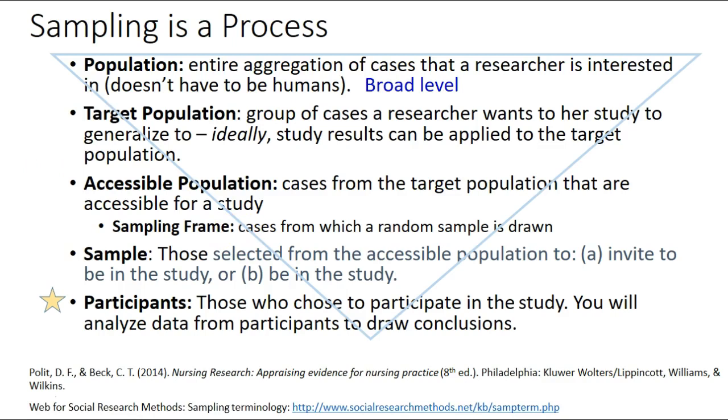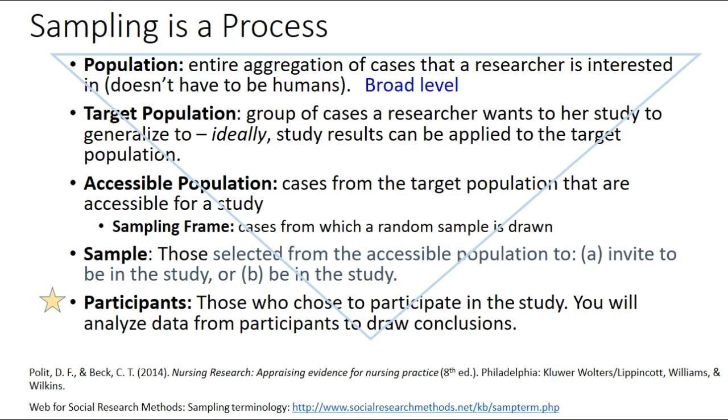And I'm mentioning here very briefly this definition of a sampling frame. One of the challenging things about making these is your cursor disappears, so now I'm right here. And a sampling frame is a list from which a random sample is drawn.